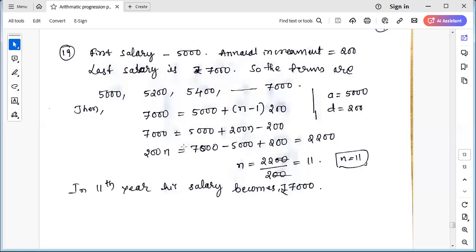Take the other numbers to one side. It becomes 7,000 minus 5,000 plus 200, so this gives totally 2,200. So n is equal to 2,200 divided by 200, so it becomes 11. Okay. So his salary becomes 7,000 at the end of the 11th year.